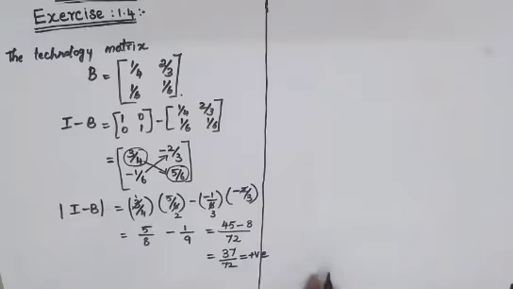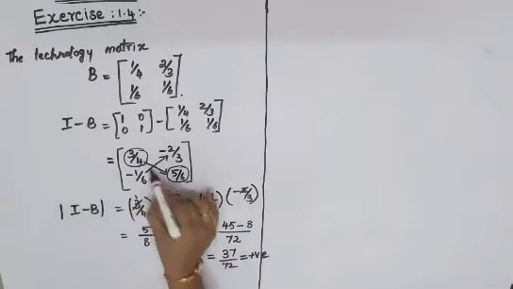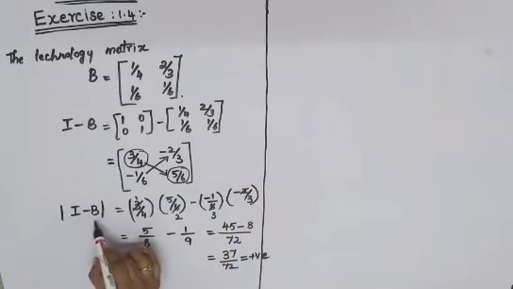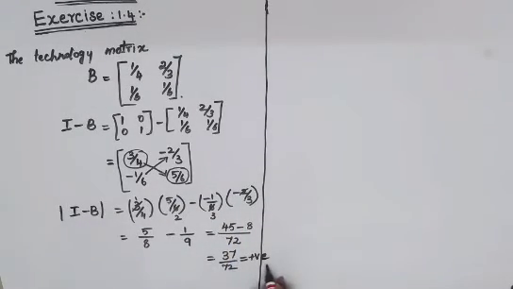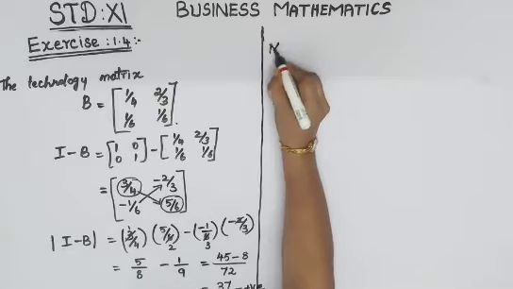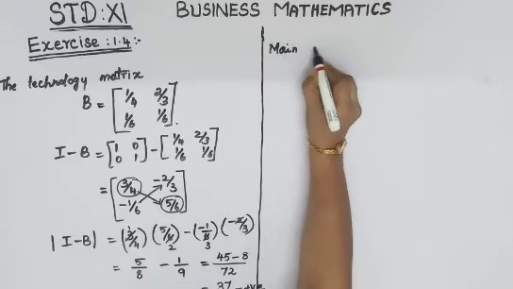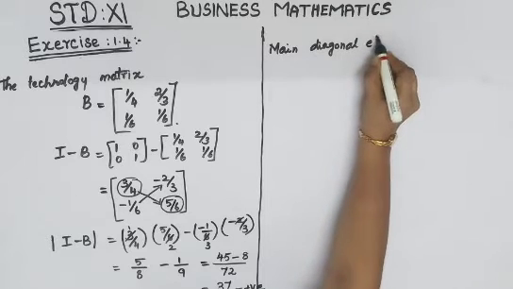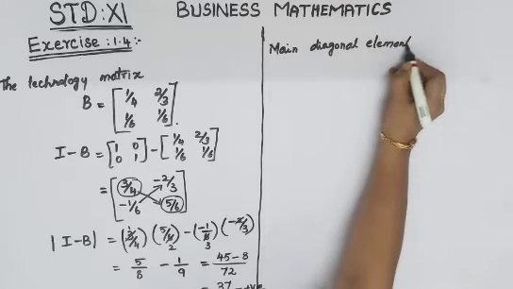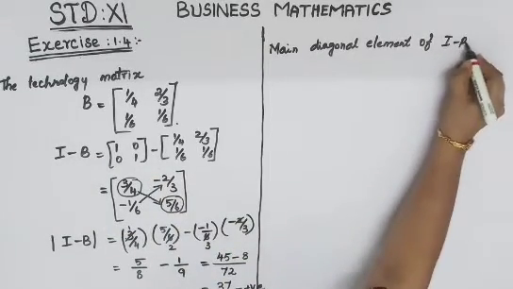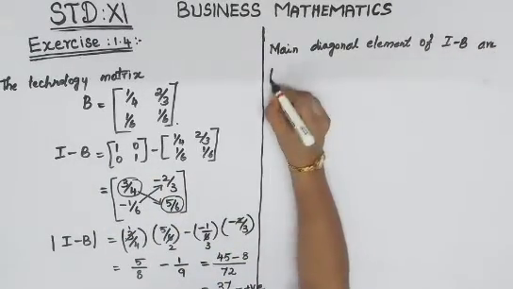So now check both the condition. Your first condition, your main diagonal should be positive, so that is also satisfied. And your determinant of I minus b should be positive, that is also satisfied. So therefore you can write your Hawkins-Simon condition is satisfied. Therefore main diagonal elements of this I minus b are positive.